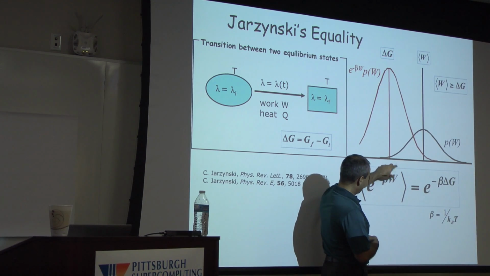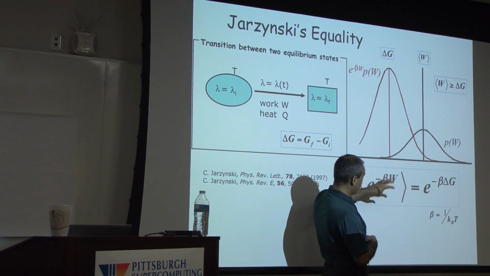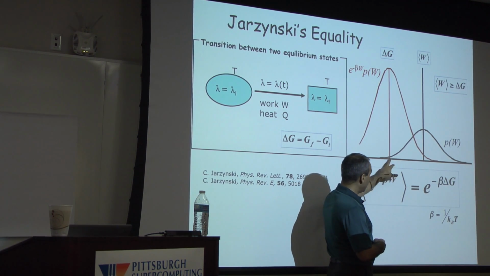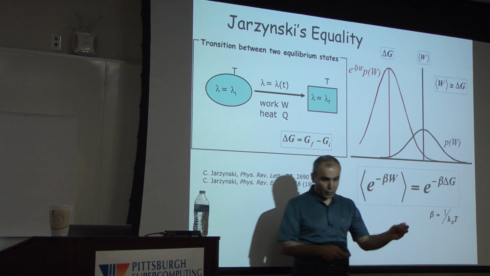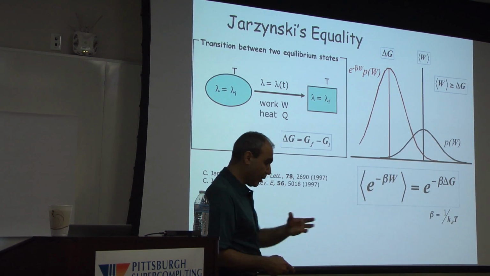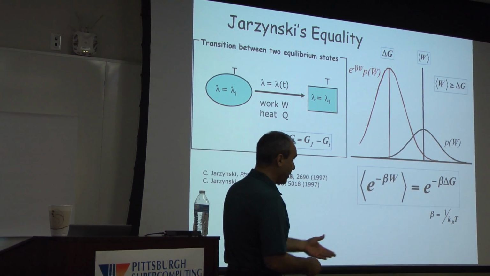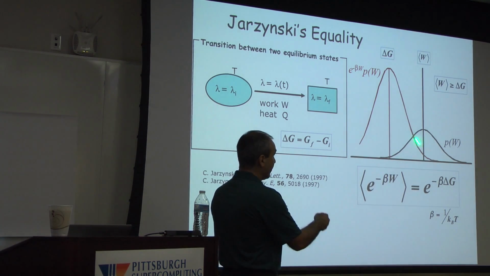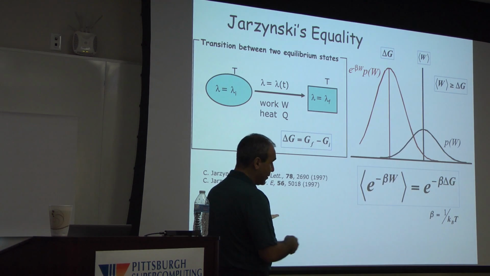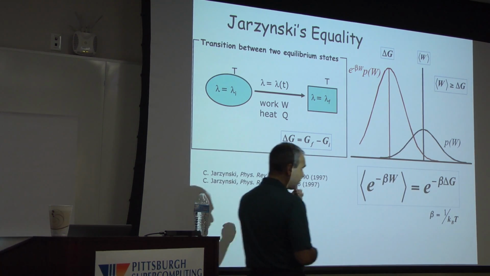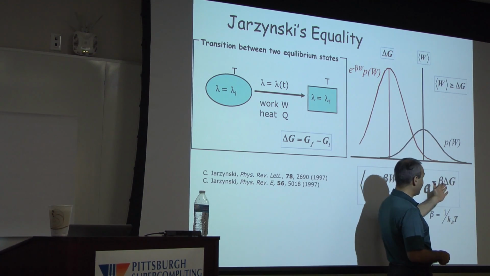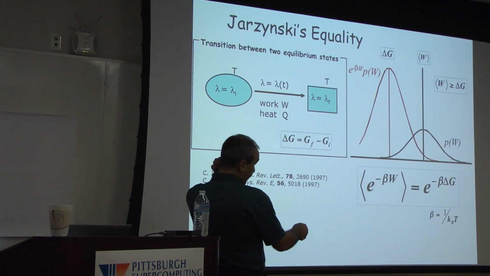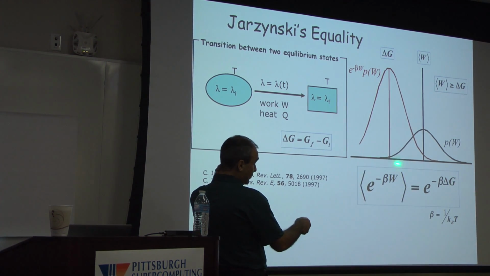So when the W's are small, this exponential becomes a larger number, and they dominate this average. So if you repeat this simulation, or if you repeat this experiment enough to sample this part of the distribution, then this formalism allows you to get exactly the free energy difference, which is your ultimate goal, to describe the free energy change of the process. That's usually the goal. So you can get that from non-equilibrium processes.